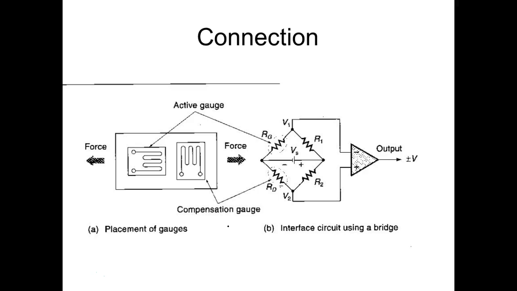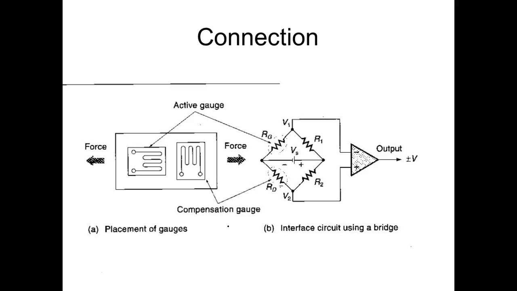Notice here they're putting the power in the center. So the active gauge, here's the force. This would be the active gauge, this would be the compensation. It looks kind of different because I put my power up here and they're putting their power there.